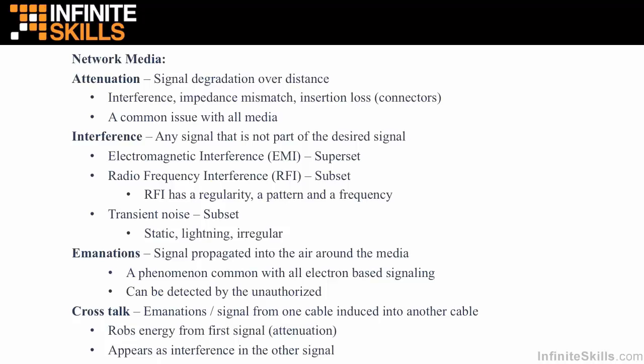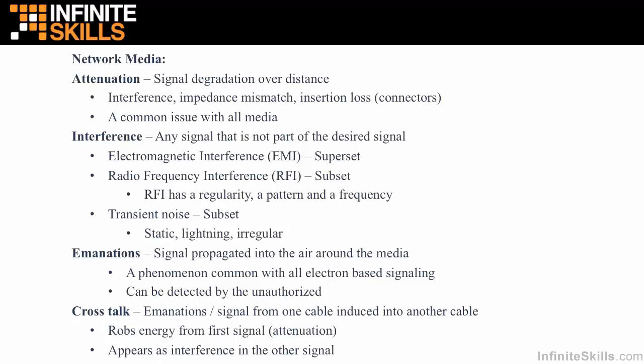As the second wire gets interference induced into it, essentially that second wire stole energy from the first wire that was emanating. So the signal is being degraded in the first wire due to energy lost in the second wire. And the signal in the second wire is being degraded because it now has electron flow that isn't part of the intended signal. So emanations are a problem in this regard.